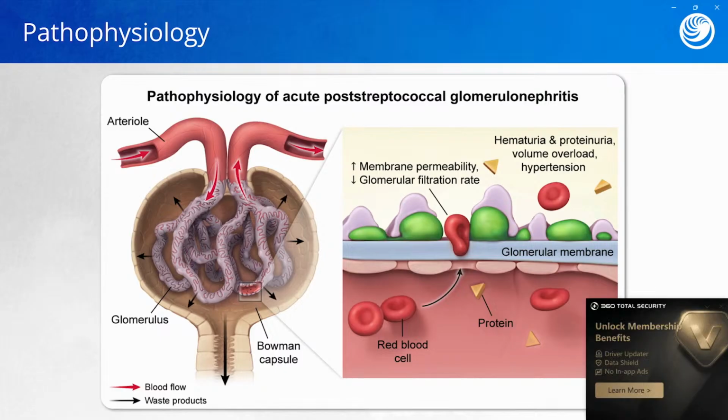Once that antigen-antibody complex connects itself to that basement membrane of the capillary walls, it causes damage. This will now cause leaking and increased permeability. We don't want that in our kidneys because, as you can see in our picture, we now have red blood cells and protein leaking through that filtering process, which now will end up in the urine. That's not a normal place for red blood cells or protein to be.